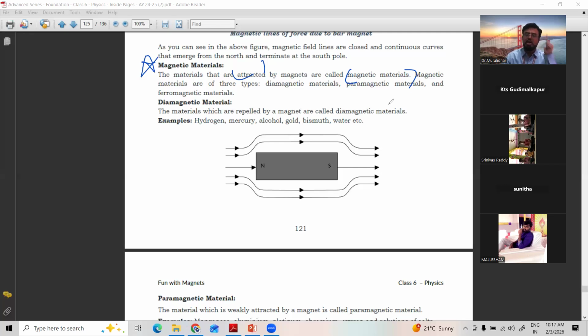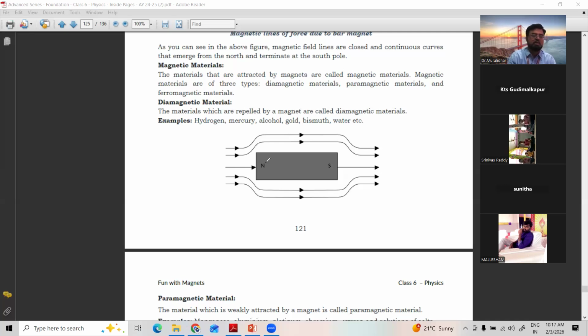But they are called magnetic materials. So magnetic materials are of three types again. What are they? Diamagnetic material, paramagnetic material, and ferromagnetic material. Very important explanation.